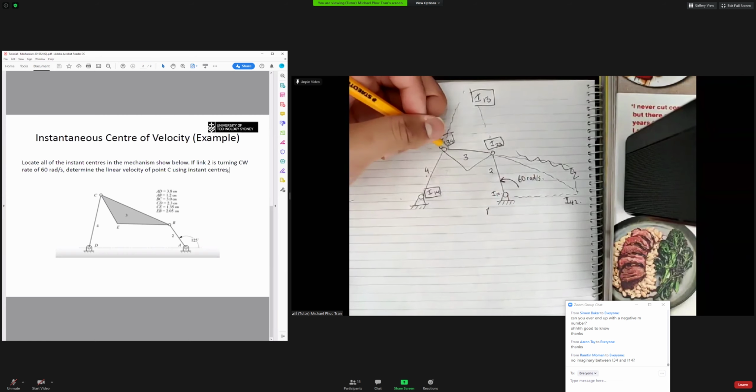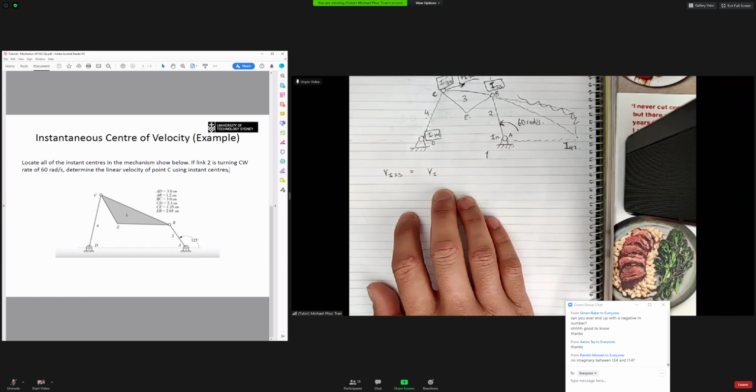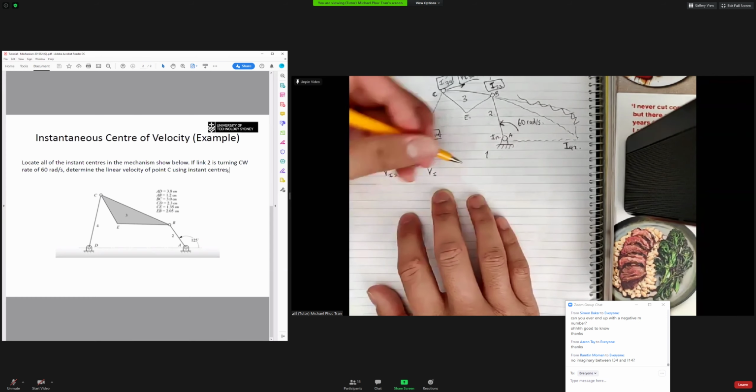So the way we do that is trying to find VI23, and that's directionless as well, equals how fast I want to.